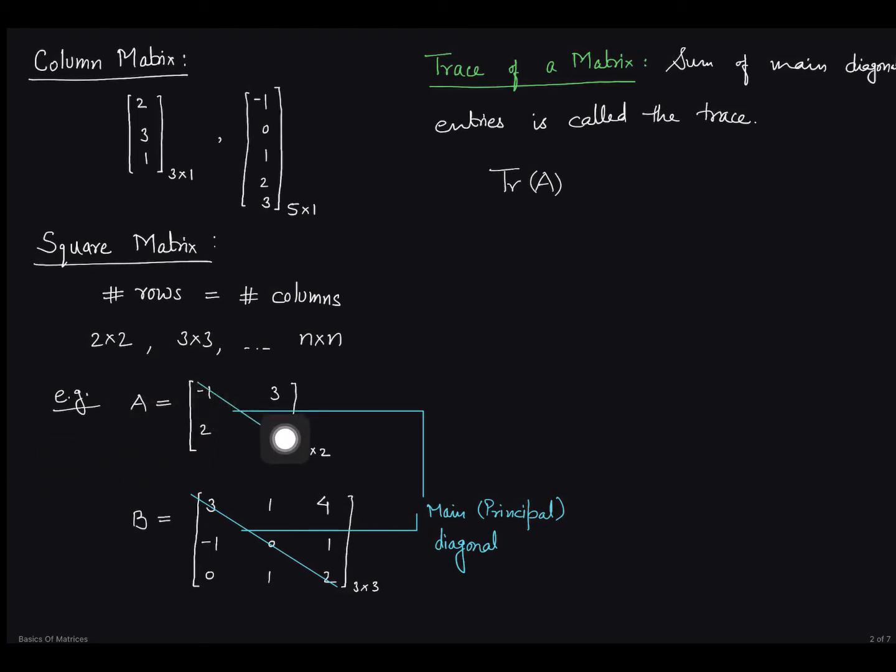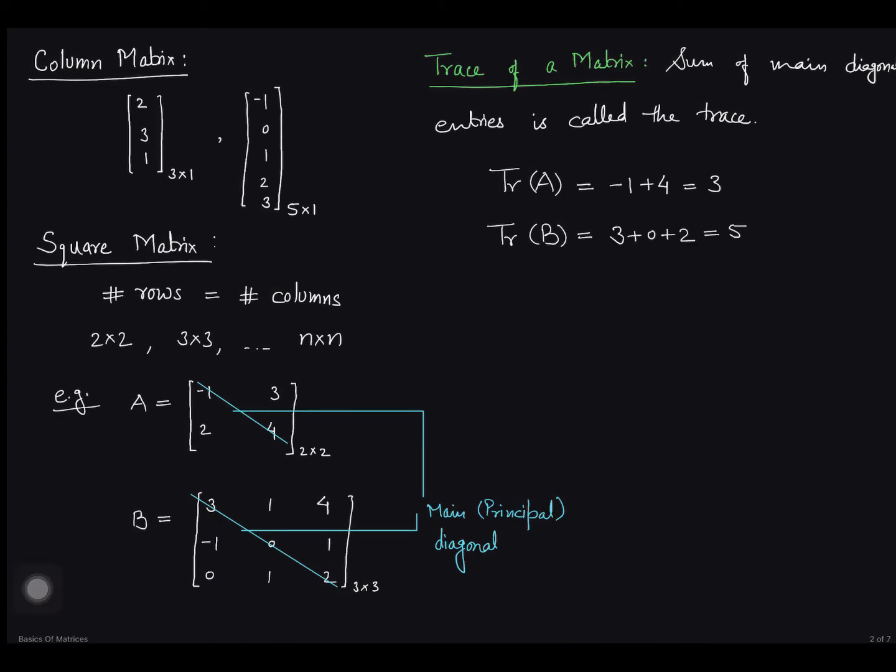Sum of main diagonal entries. Similarly, trace of this matrix B is what? Sum of main diagonal entries. It means trace of B is 3 plus 0 plus 2.